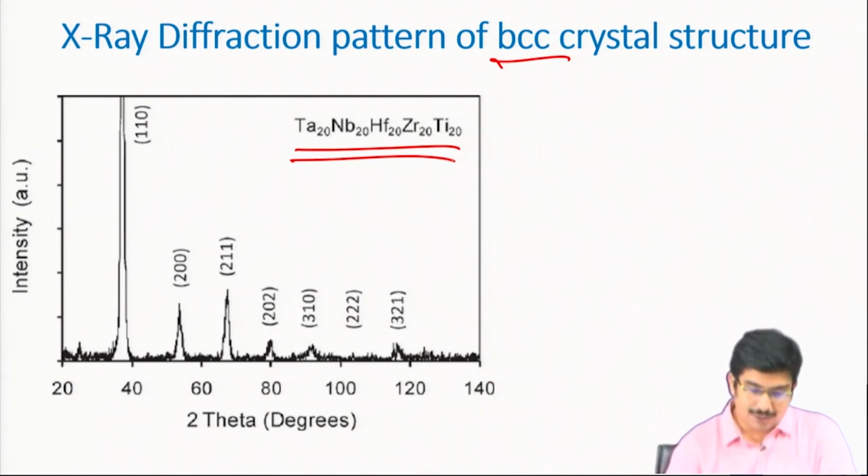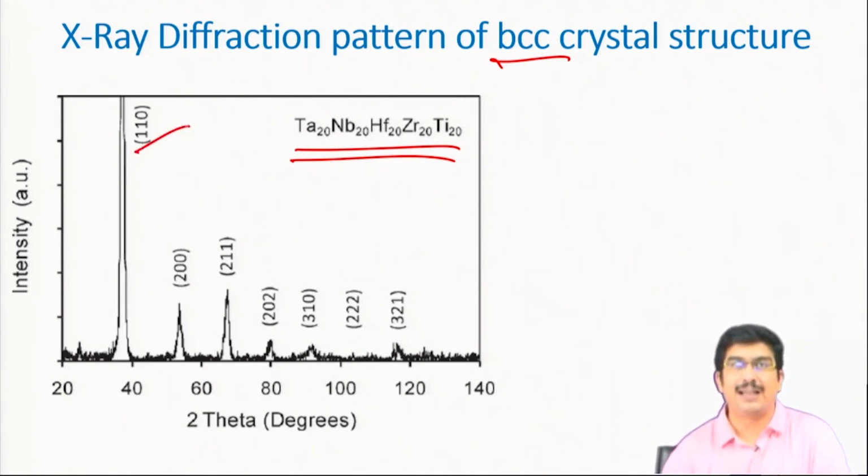Anyway, this has the BCC structure. The first reflection that we are getting here is 110, then 200, 211. If you take 211, h plus k plus l is 4, so this is possible. Then the next one 202, 310 and so on.